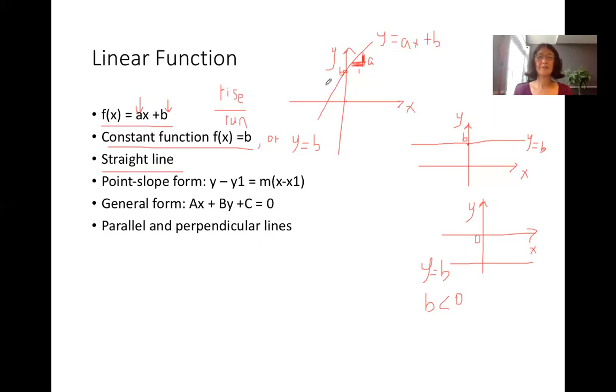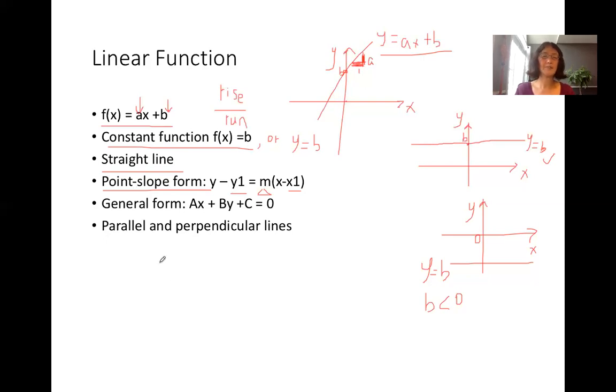Now we talk about the straight line. This is a straight line, and this is also a straight line. There are two generally used formats for the straight line. One is the point-slope format. If you know a point (x1, y1) and you know the slope m, this is the function.